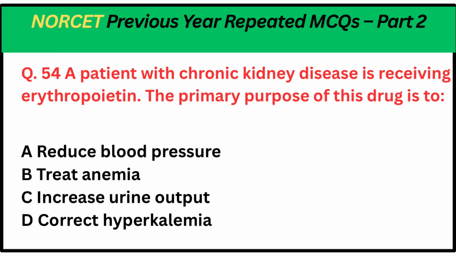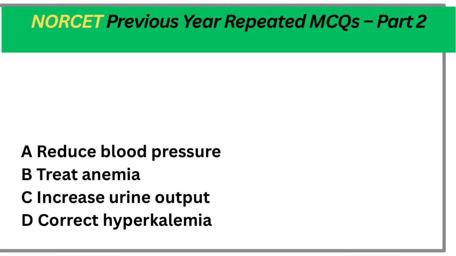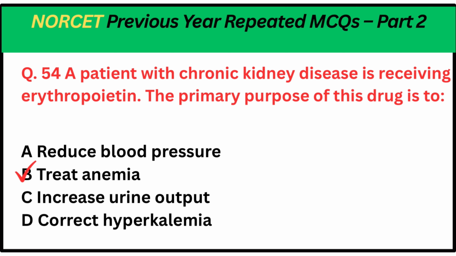A patient with chronic kidney disease is receiving erythropoietin. The primary purpose of this drug is to... Your correct option is option B, treat anemia. Moving to the next question, question number 55.